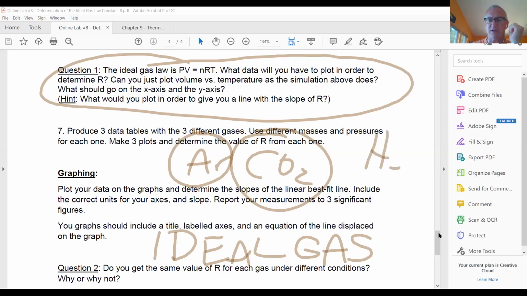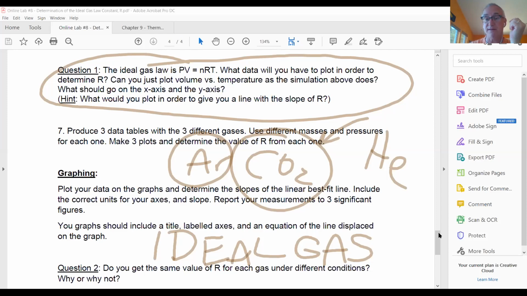Helium is pretty much as close to an ideal gas as we're going to get. It's tiny, and it's super non-polar, and it really doesn't interact with anything. But CO2, as we know, has two polar bonds. I mean, they're opposite to each other, so the whole molecule is non-polar, but there is some polarity in there.